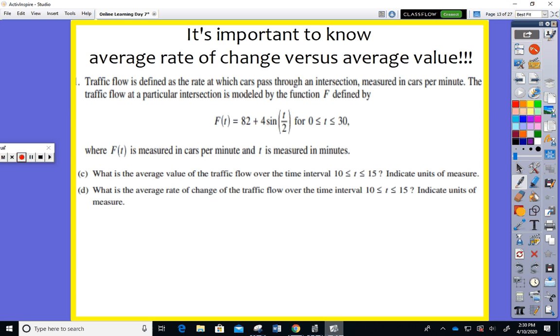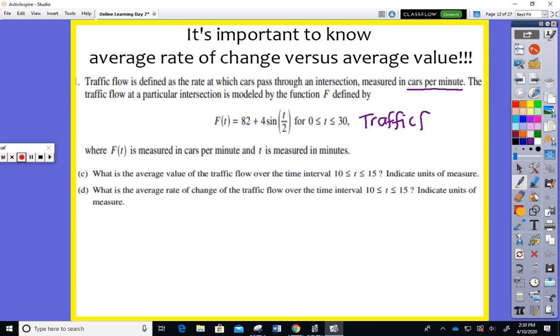All right, so on this problem, part C says, what is the average value of the traffic flow? Well, I don't know if that's average rate of change or if it's average value. I think it's just average value because it says that. Look at part D. On part D, it says average rate of change. So f of t represents traffic flow, and the flow, it says, is measured in cars per minute. So this is traffic flow.